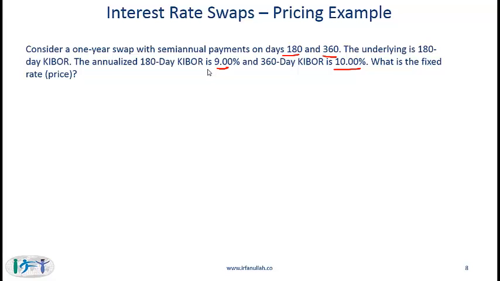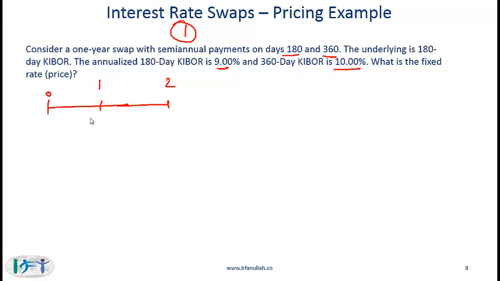Now, we talked about the fact that we need to find the present value of the floating payments and the present value of the fixed payments and then make them equal. So what's going on here? If you think about the fixed payments, so there is time 1 and time 2, take a notional principal of 1.